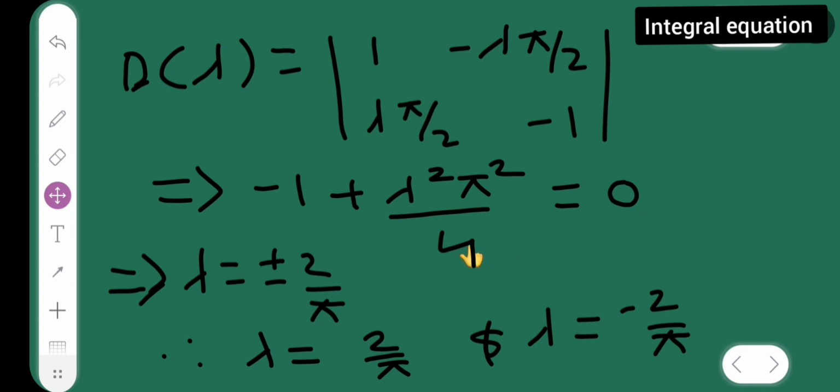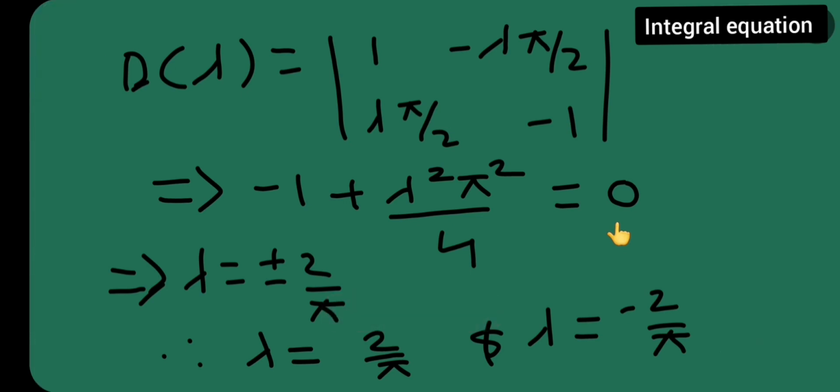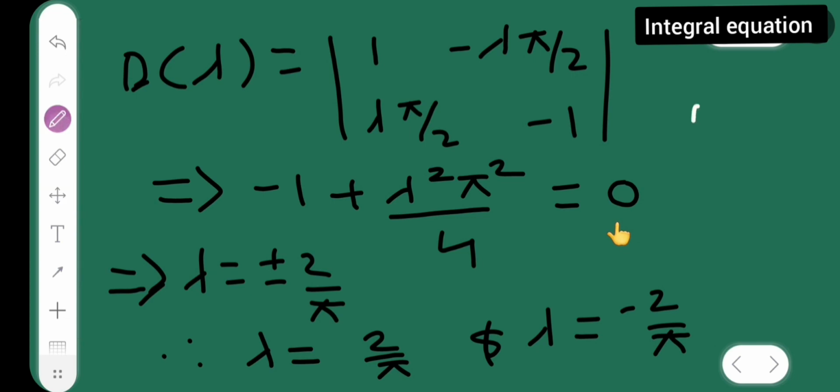And this 4 also I'll take up, so that it will become lambda square pi square is equal to 4. Then lambda square is equal to 4 by pi square.